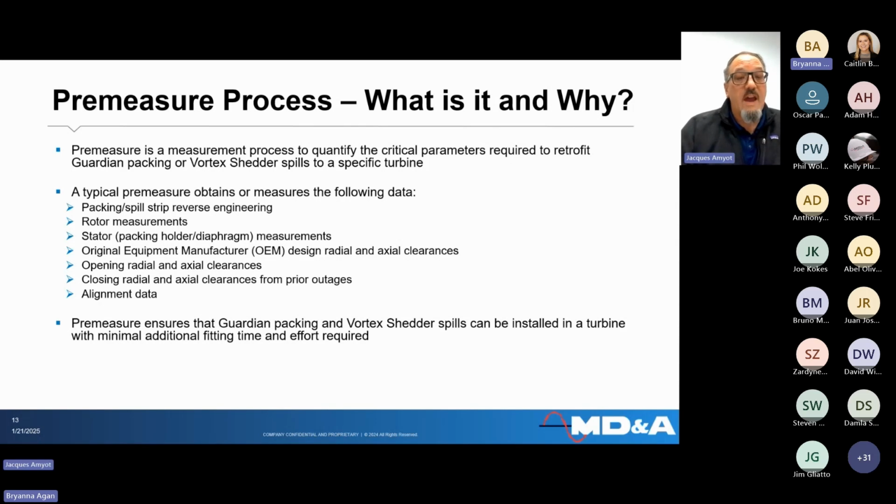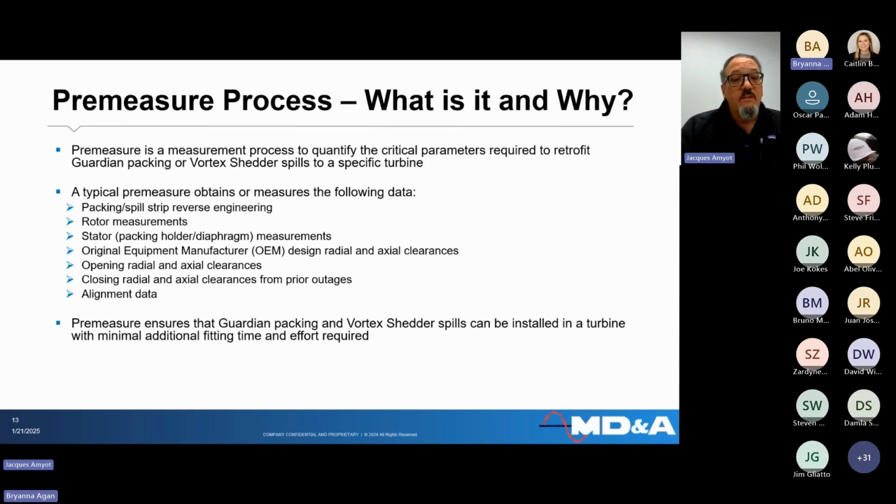Stator or packing holder diaphragm measurements, measuring again interface diameters, and any other concerning factors like dishing, distortion, things like that. Through the design process, we'll figure out what we're going to do about those sorts of factors that are outside of design. We obtain the OEM design radial and axial clearances.